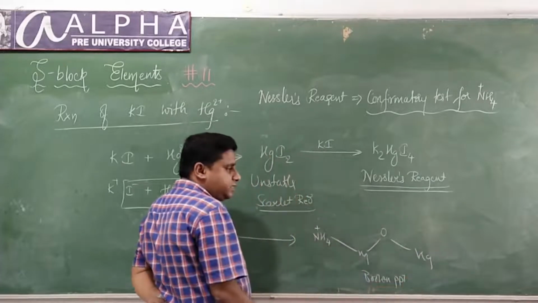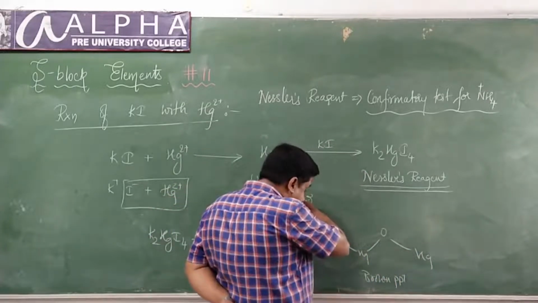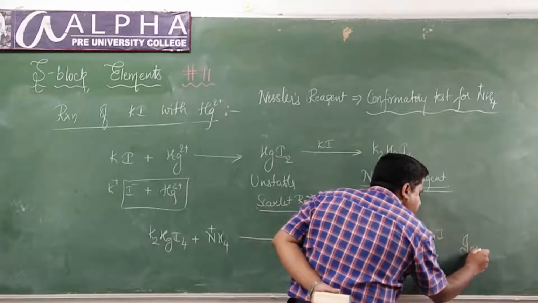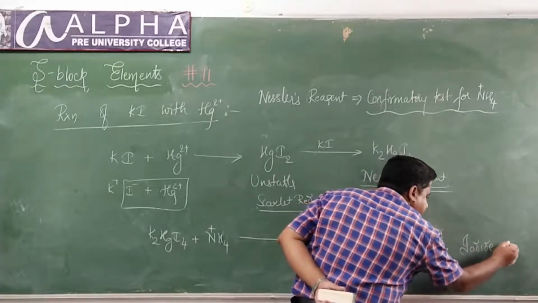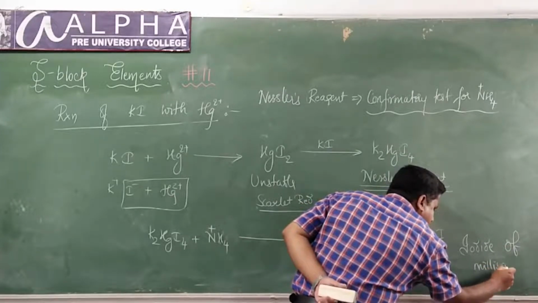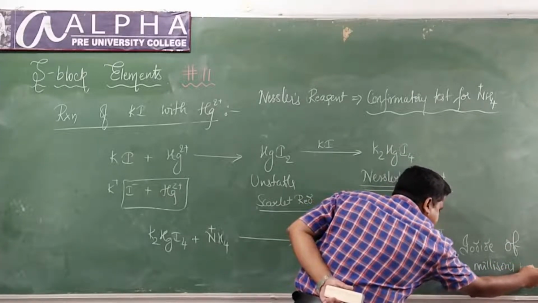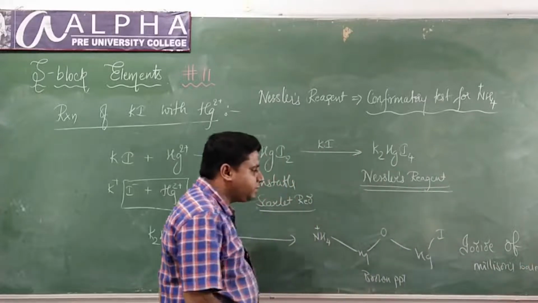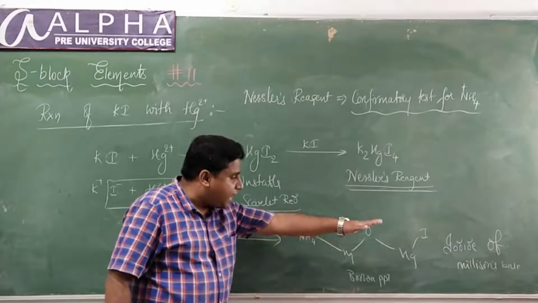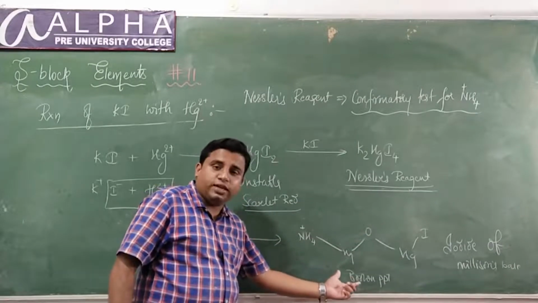This is called the iodide of Millon's base. Are we clear? That iodide of Millon's base will give the brown precipitate.